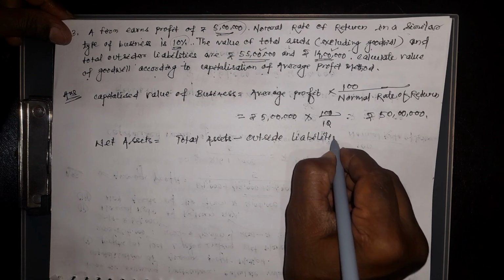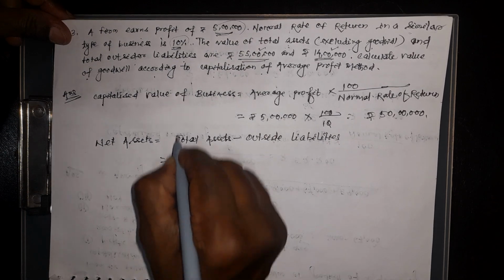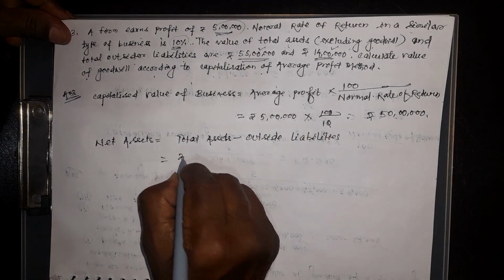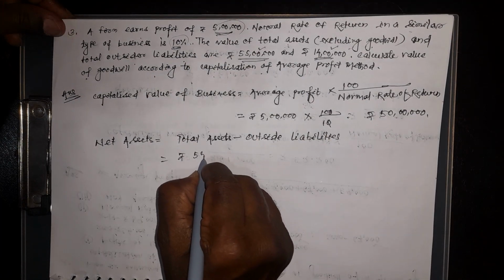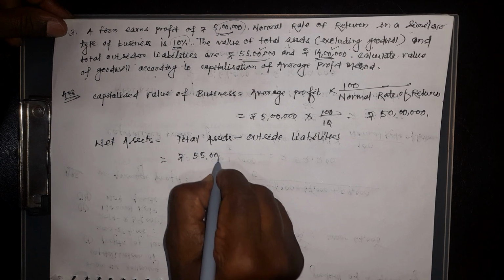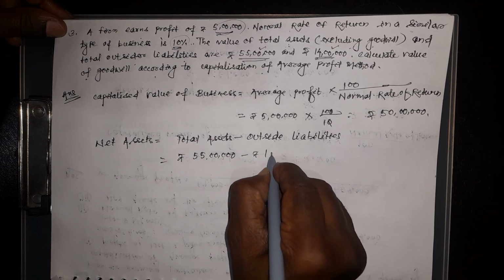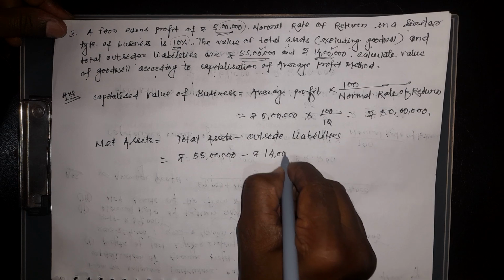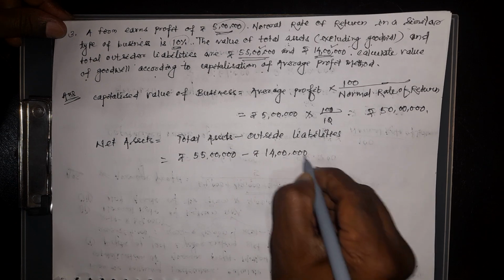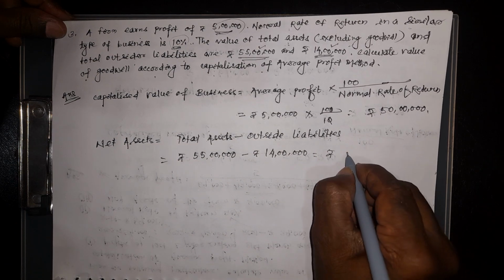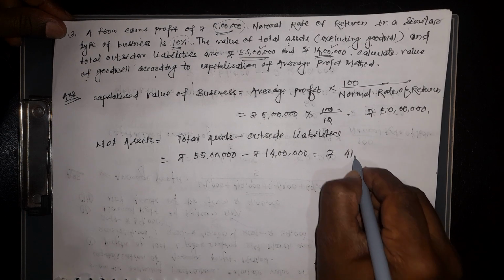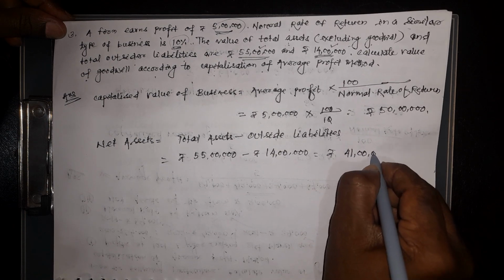First you write the formula. Total assets here it is given 55 lakhs, and outside liabilities are given 14 lakhs. So it will be how much? 41 lakhs. That is net assets.